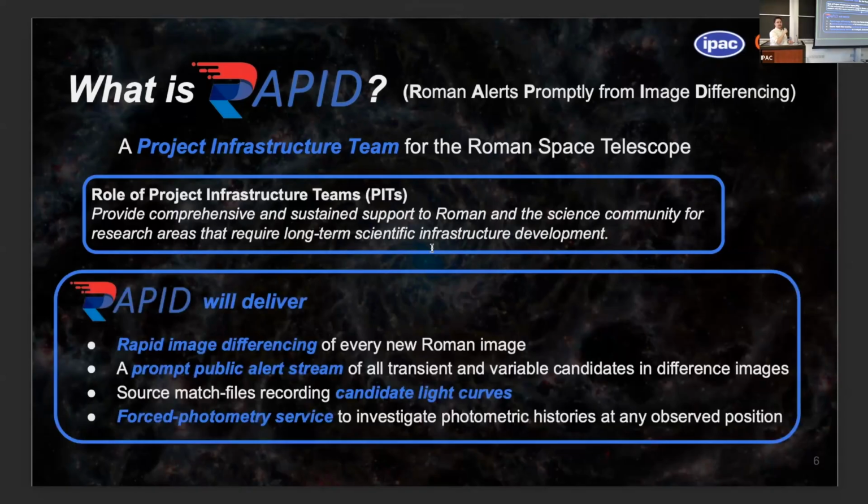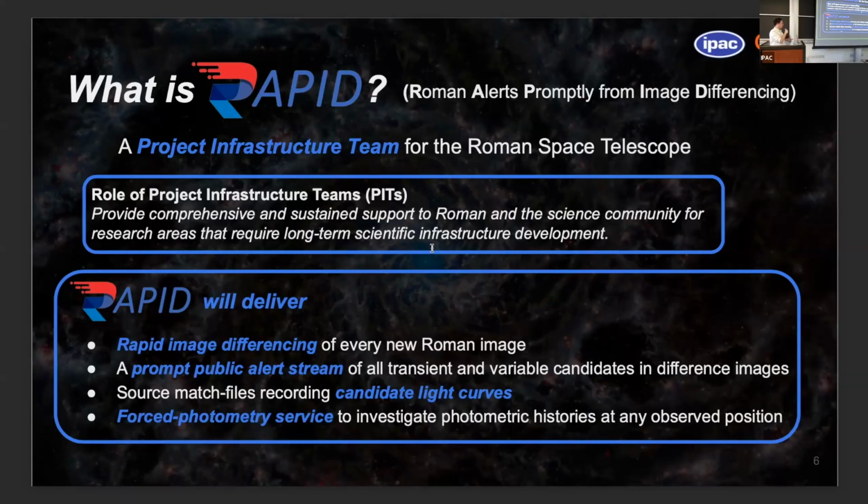And what RAPID is specifically designed to deliver for the Roman community is rapid image differencing, rapid in lowercase letters, not the acronym, image differencing of every new Roman image that has a prior observation where we can do image subtraction. And then we'll put out a prompt public alert stream of all transient and variable candidates with some level of confidence that we discover in those difference images.